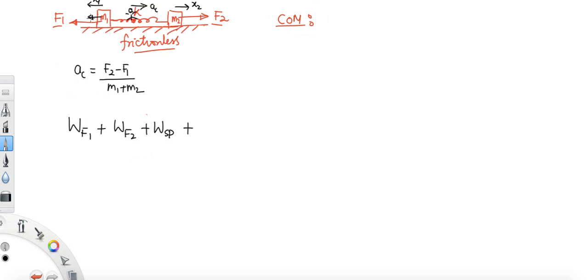So there is a pseudo force of m1 AC on the first block and a pseudo force of m2 AC on the second block. So work done by spring plus work done by pseudo force on the first block plus work done by pseudo force on the second block is equal to the change in kinetic energy with respect to the center of mass.